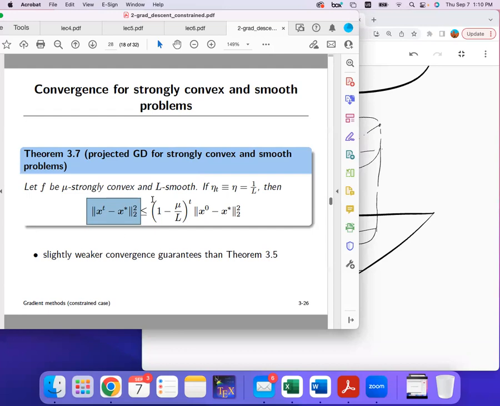The right-hand side is a geometrically diminishing term, and then the other term is a constant distance. So it shows that projected gradient descent can achieve a geometric convergence for this type of constrained optimization problem.